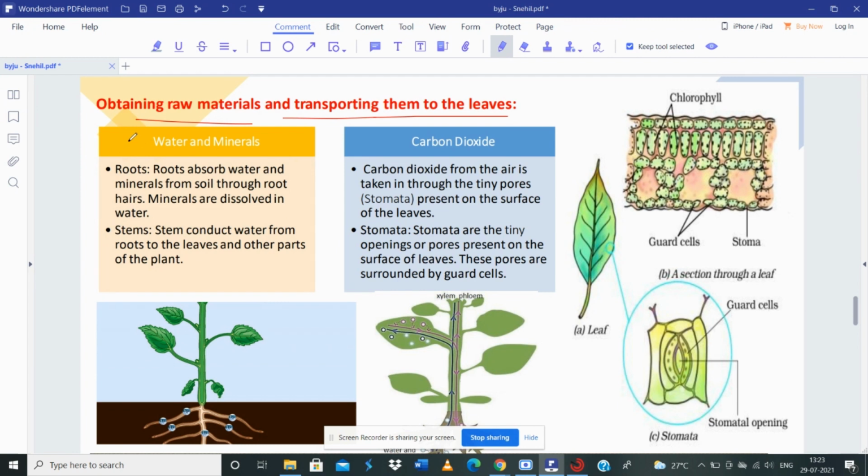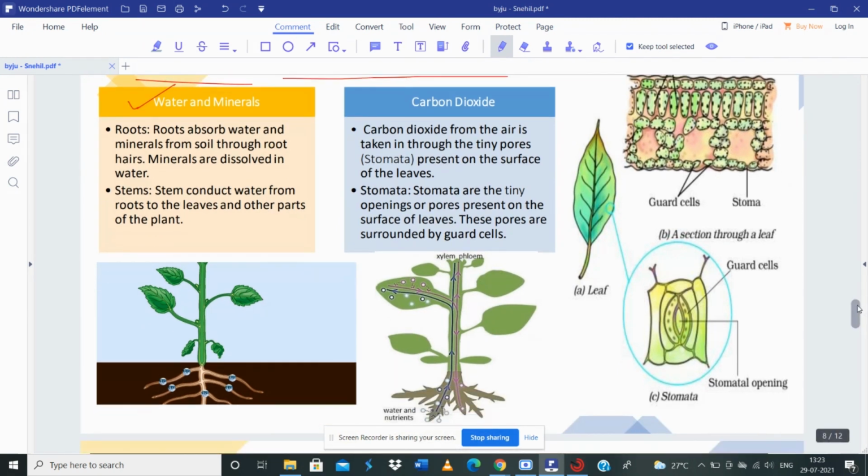So our first raw material was water and minerals. Okay, so what happens is, you can see this figure, right? So these are roots and this is stem and these are leaves. Okay. So these roots absorb water and minerals from soil. And from where do roots absorb these water and minerals?